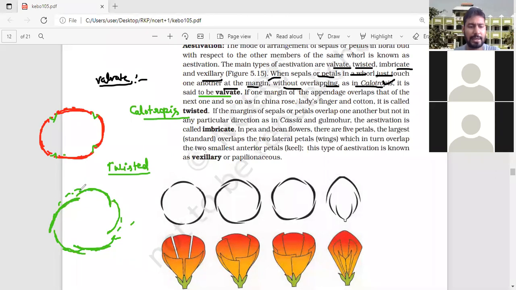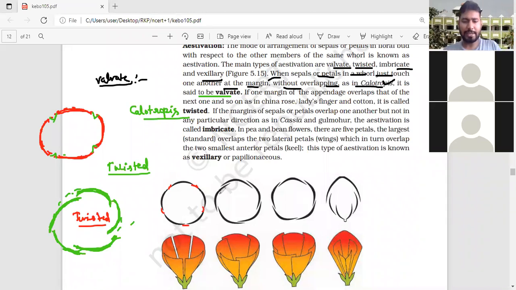That will be the exact way, and this is also the way. They are overlapping, and they are not in a particular direction. This is called the twisted type. So such type of estivation is known as twisted. If you are not understanding, you can see here. This is the valvate, where the margins touch each other and they are in a particular whorl-like structure.